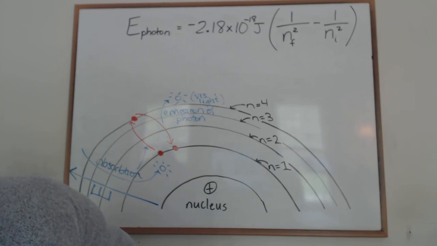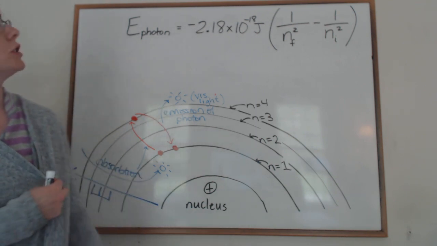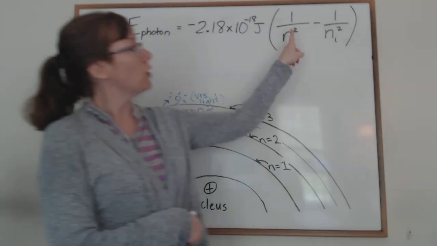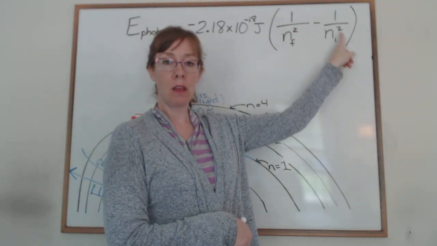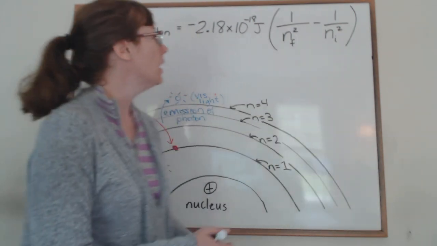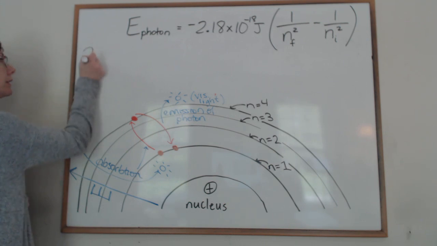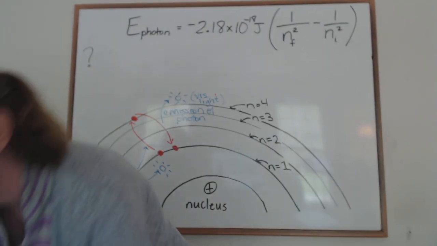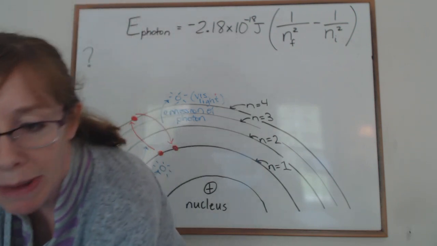But you can calculate the energy of the photon that comes in or out based on what n levels you fall from and to. Let's go ahead and just do a practice question on this here. Actually, I can just make one up.